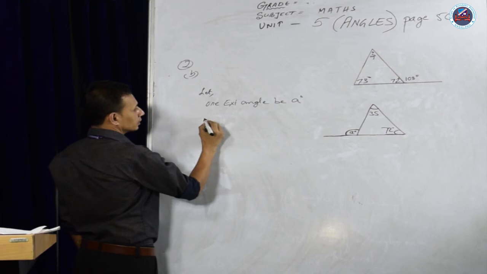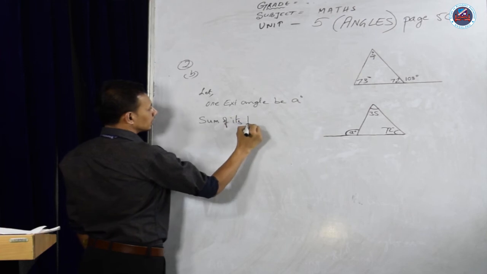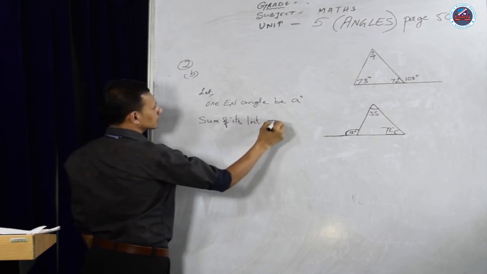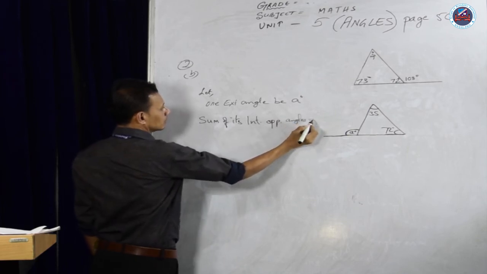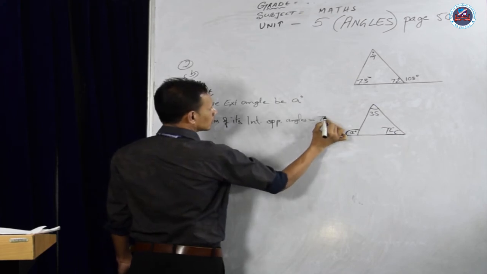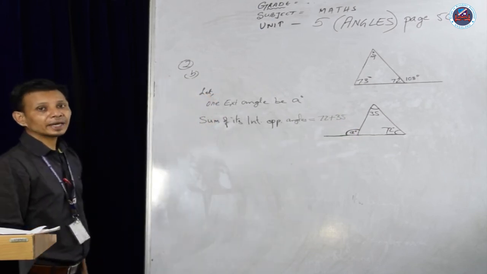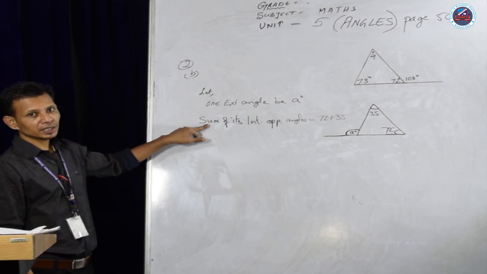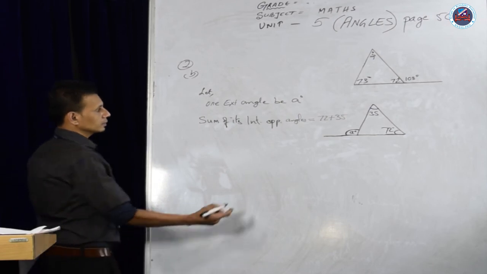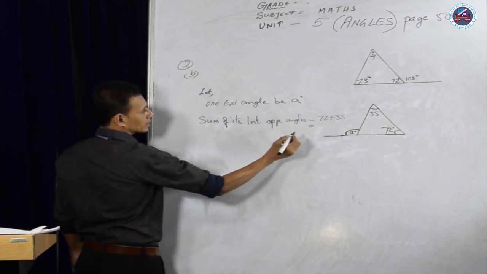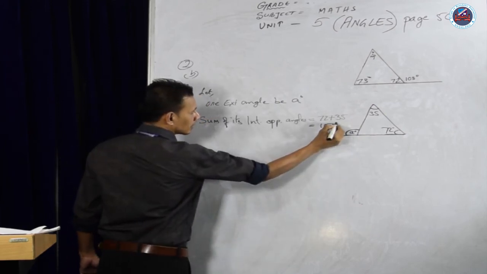And you can use directly: sum of its interior opposite angles is equal to 72 plus 35. Why plus? Why am I adding? You see that? Sum means the answer that you get after adding two or more numbers. I'm searching for the sum. 72 plus 35 is 107 degree.